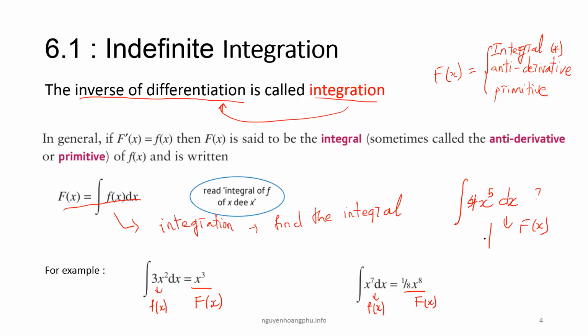Okay, so for this case, you can take 4 outside, x^5 dx, right? How about f(x) here?